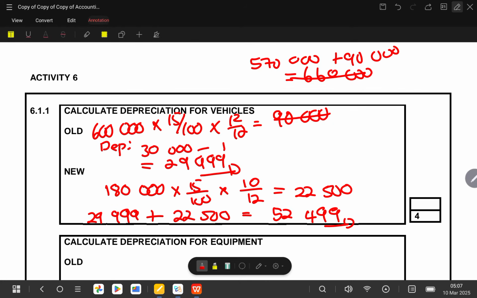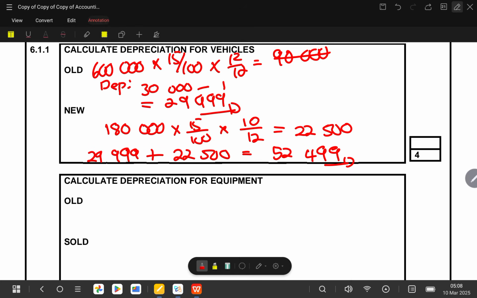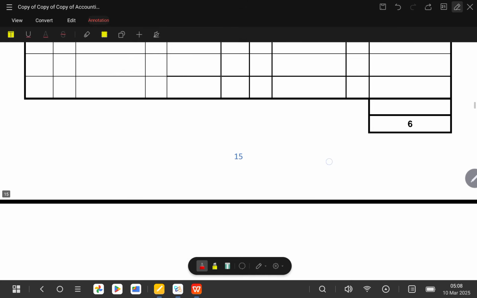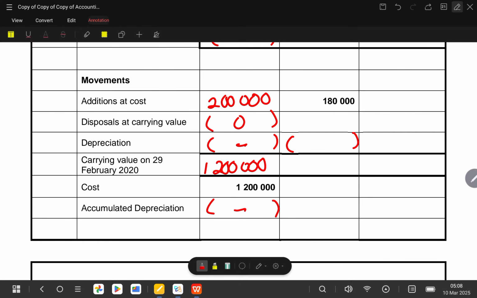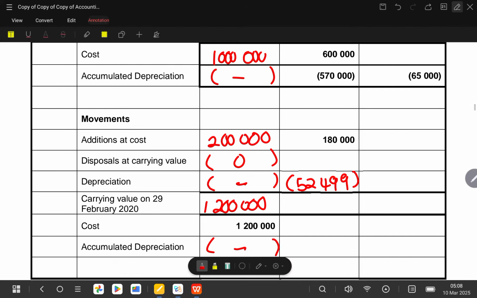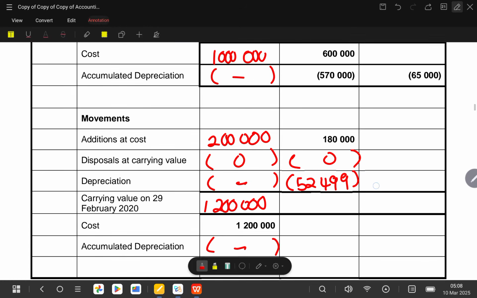Because we have already calculated it, we can take it straight to our fixed asset note. So it's 52,499. And then remember, we don't have any disposal at carrying value, so it will be 0 here.